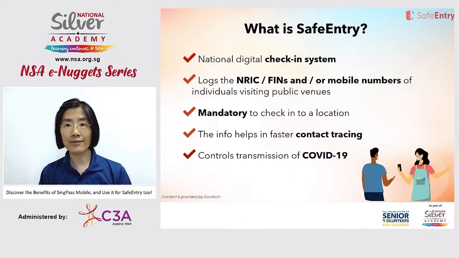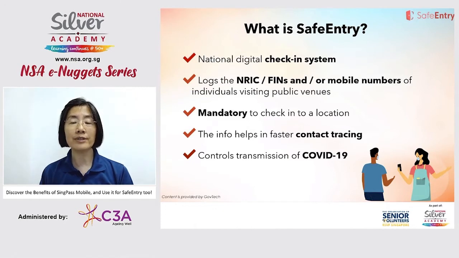So what is SafeEntry then? SafeEntry is part of the whole scheme of contact tracing. It is a national digital check-in system, and it logs information like NRIC number and or your mobile phone number of individuals that visit public places.